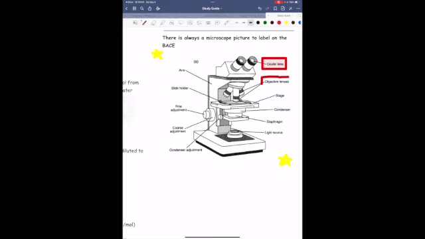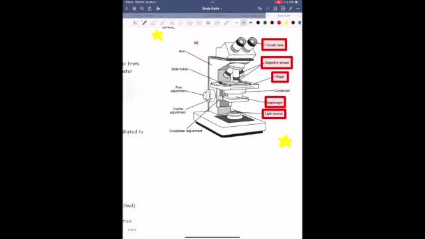The lens that looks at the material is the objective lens. Where your sample sits is the stage. You have a diaphragm that lets in and reduces the amount of light. And then at the bottom, you have the light source.